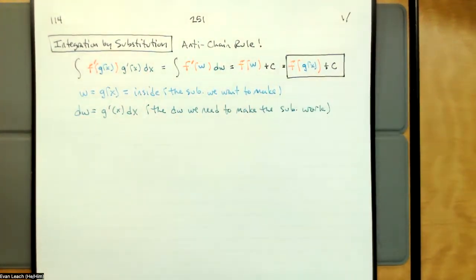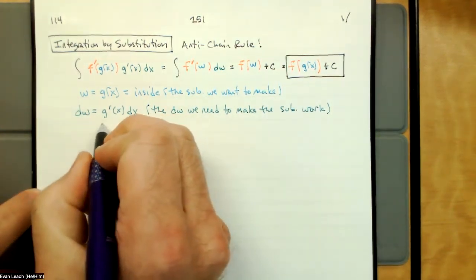If we don't have a g prime of x dx to stand in as the dw, or a constant multiple of it, the substitution doesn't work.